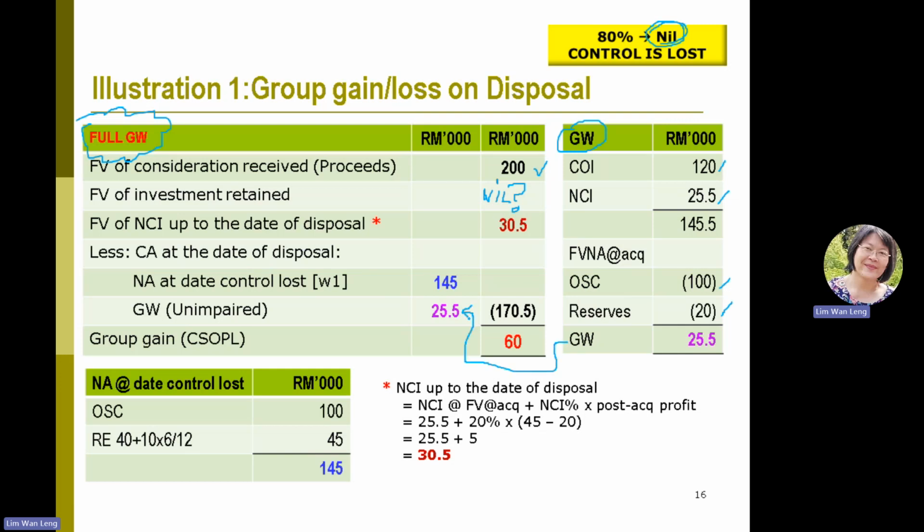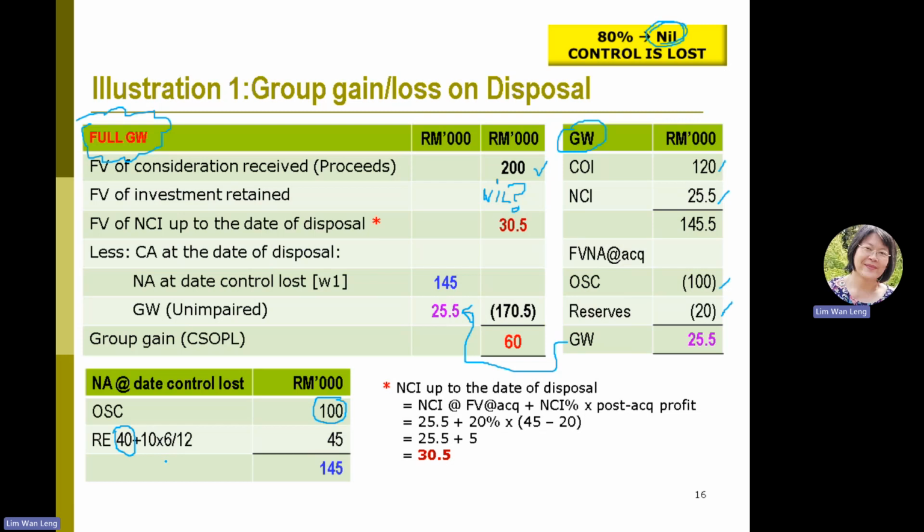Okay, this goodwill, unimpaired, you have to bring it to be offsetted. Why? Because you are not related to the investor anymore after the disposal. Then, net asset at the date control is lost. So remember, just now, we know this 100 and we know this 40.